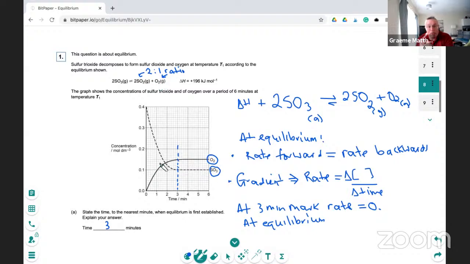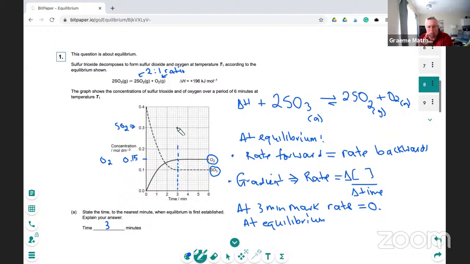If I'm looking at this one in chemistry, I make the O2 0.15 like this. And so if O2 is 0.15 at equilibrium, then SO2 must be double that, 0.3, a 1:2 ratio.